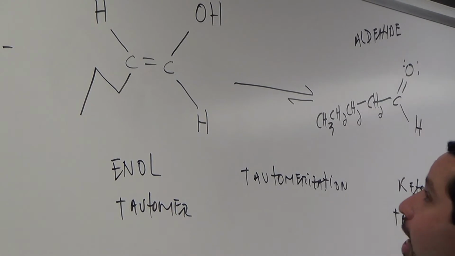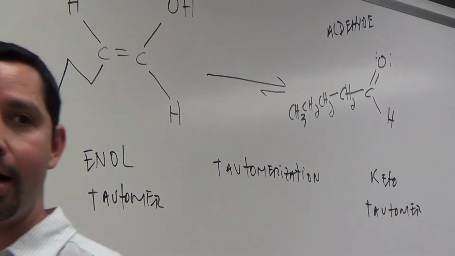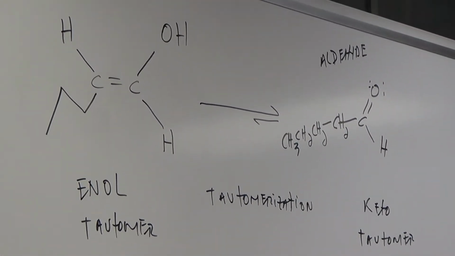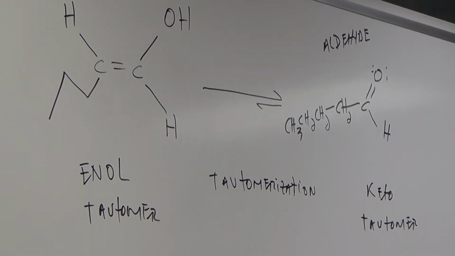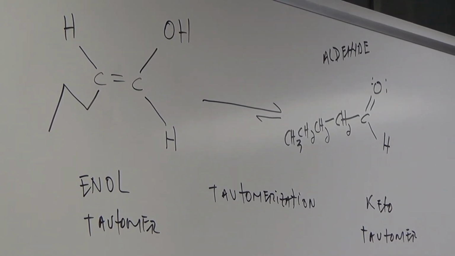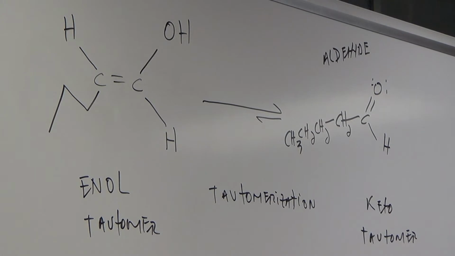You get an aldehyde if you have a terminal alkyne and you do hydroboration oxidation. Can you form an aldehyde from oxymercuration, demercuration? No. Why not?